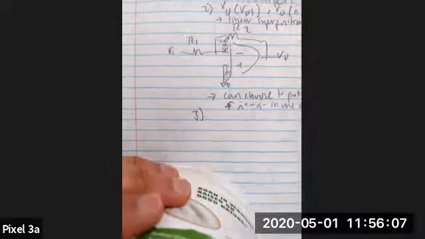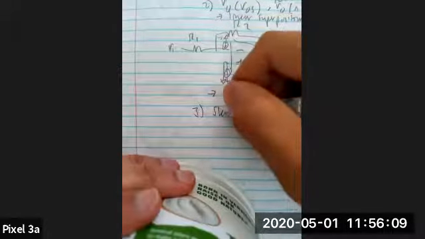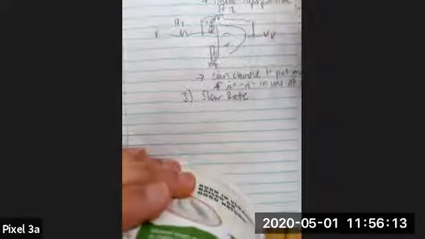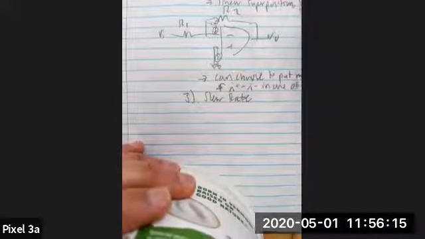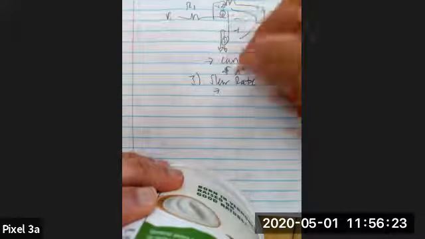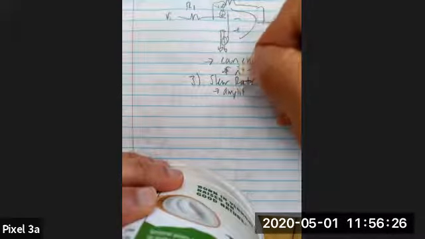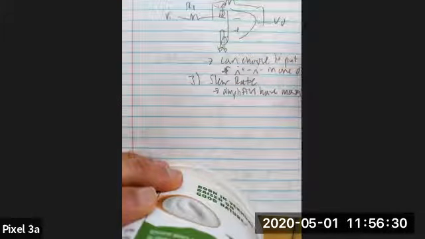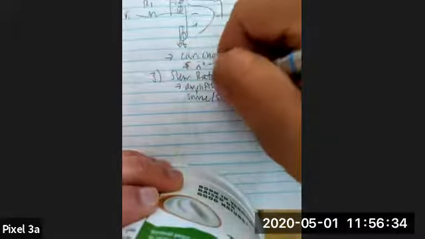So slew rate is a very, very nonlinear phenomenon. The reason this occurs is that amplifiers have maximum source or sink currents.